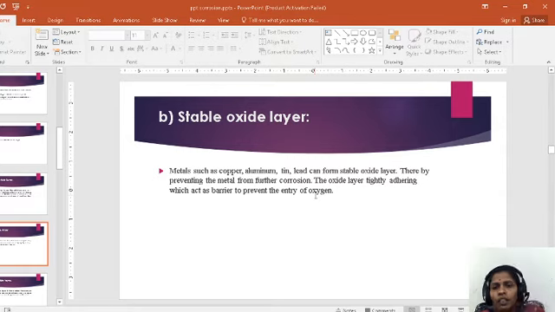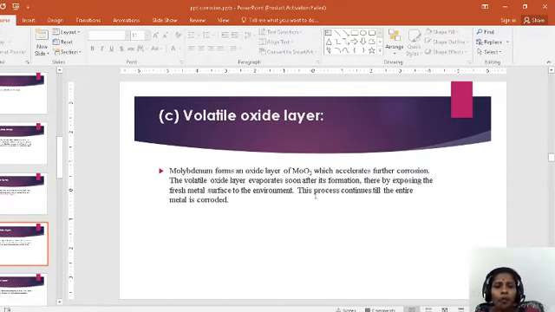So there is no further corrosion, thereby preventing the metal from further corrosion. Copper, tin, aluminium and lead form the stable oxide layer, and this oxide layer acts as a protective layer which protects the metal from further corrosion.